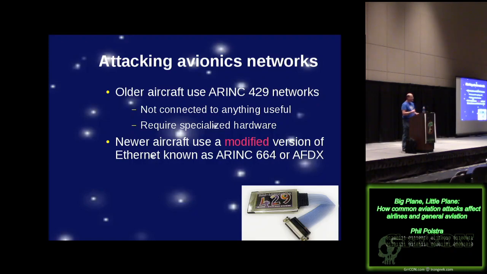Now, newer aircraft tend to use a modified version of Ethernet called ARINC 664 or AFDX. Right? ARINC is just a set of standards, kind of like you have ISO standards and IEEE standards. Well, this is for avionics people.